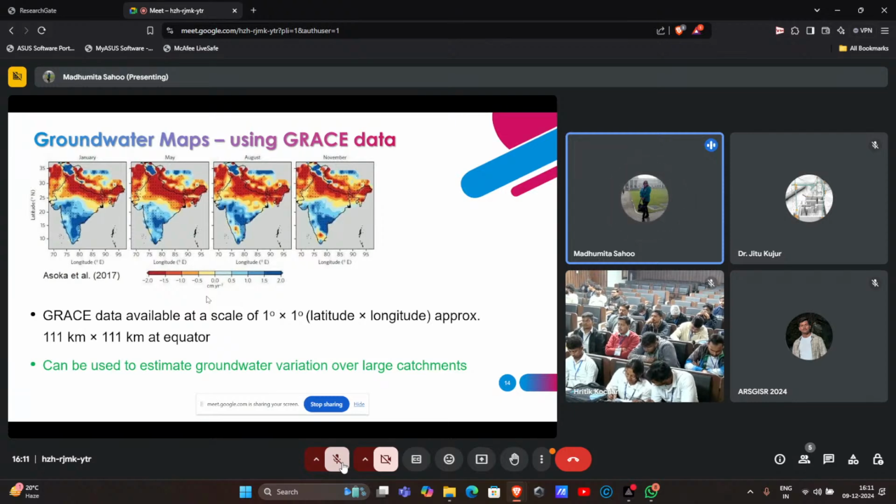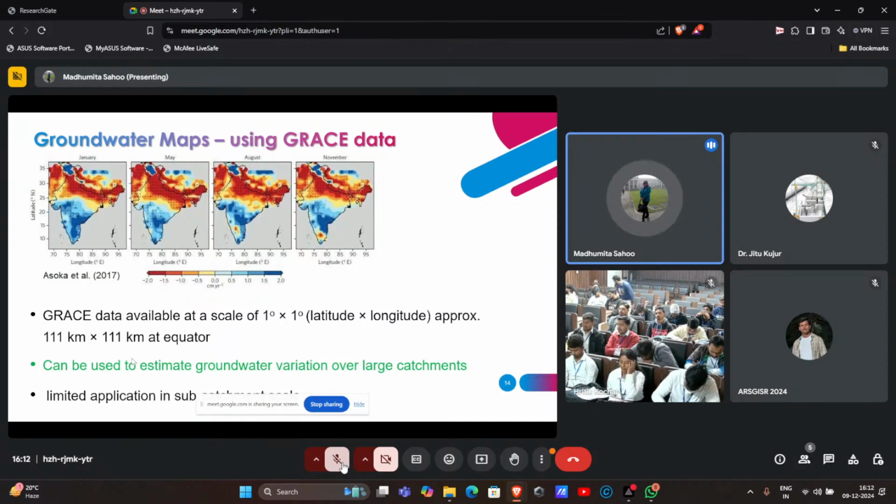When we say that groundwater level variation can be sensed by GRACE data, and the spatial resolution is so coarse, a small catchment which lies within a 1 degree grid will have only one data point which we will get from GRACE. So that is another downside of using the GRACE data directly.